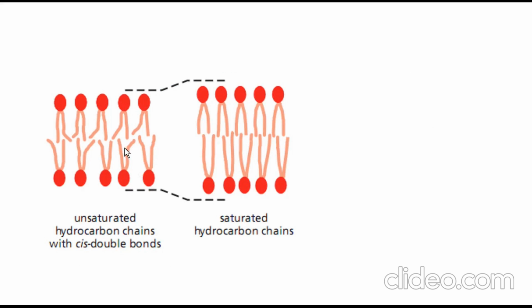Next you can see here the unsaturated condition. In the unsaturated condition, we see that there is a kink, the tail is not straight. The tail is like a person moving their legs here and there. The person has started moving, that is, they have introduced a kink.